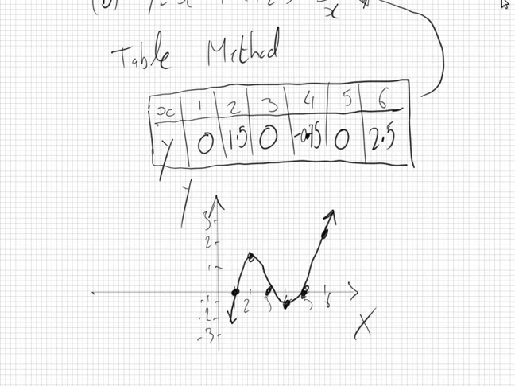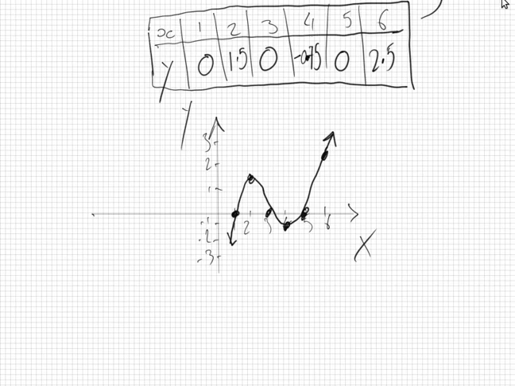Okay, C part now is they ask you to do this calculation. 2 to 4 x cubed minus 9x squared plus 23x minus 15. No, sorry, that's the wrong one. It's not that one.